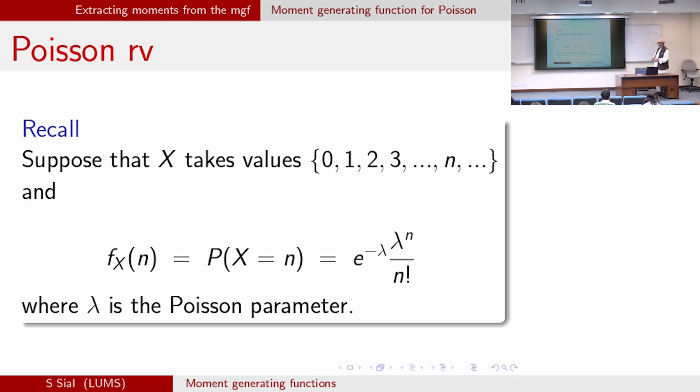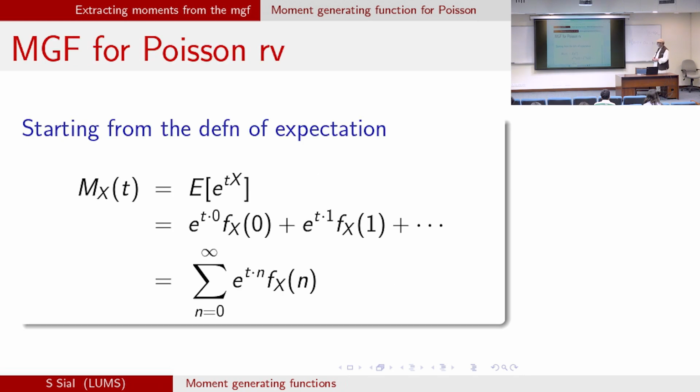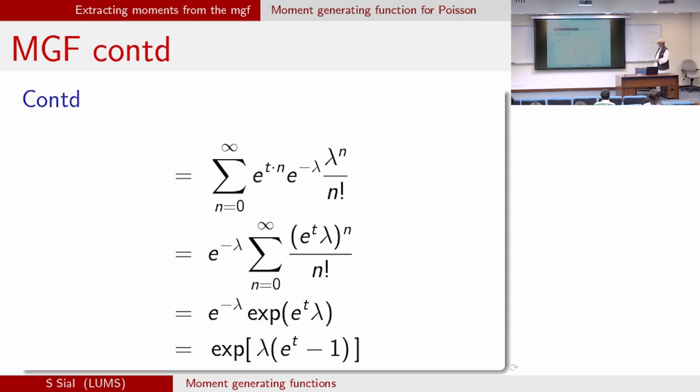Poisson random variable, again, it's a non-trivial business, but eventually we get this. The Poisson random variable with parameter lambda has an MGF of exponential lambda times e to the t minus 1.